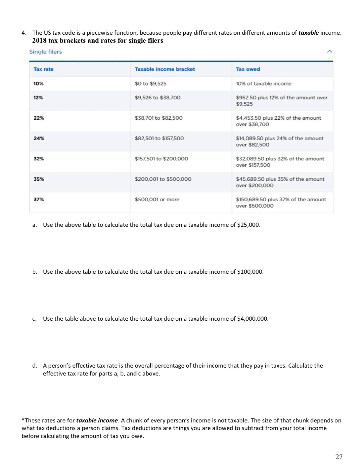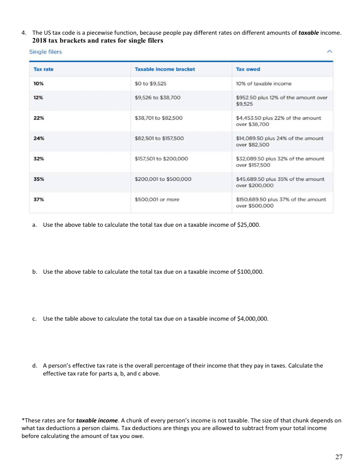Number 4, the U.S. tax code is a piecewise function because people pay different rates on different amounts of taxable income. So this is the 2018 tax brackets and rates for single filers. It's pretty complicated. If you make less than $9,525 in a year, your tax rate is 10%.